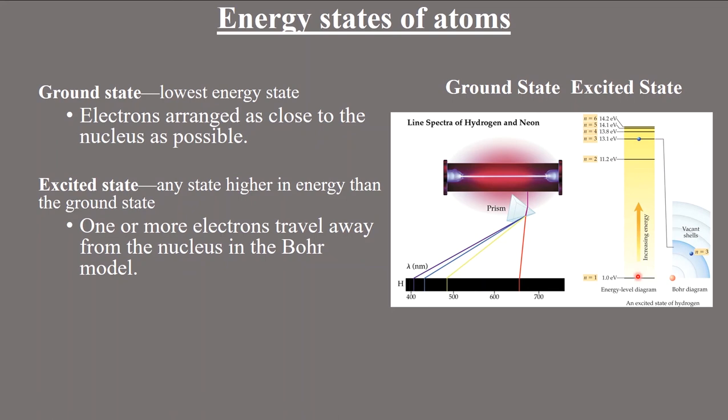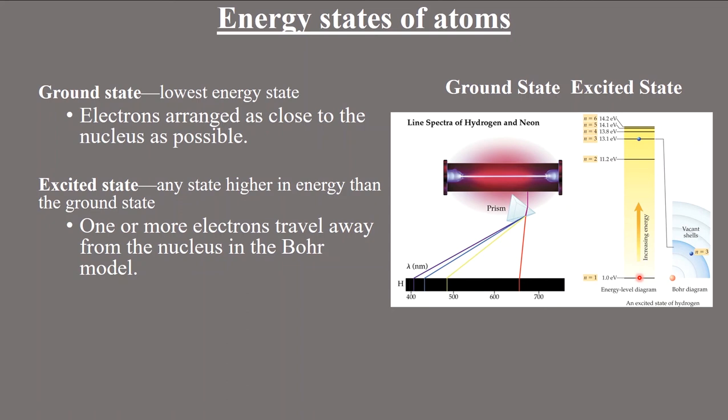To create an excited state, an atom absorbs a certain fixed amount, or quantum, of energy. For instance, when an electron is excited from the first shell to the third shell, it absorbs 12.1 electron volt energy. When it relaxes back from the third shell to the first shell, it releases the exact same amount, which is 12.1 electron volt energy.